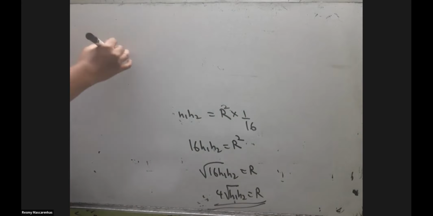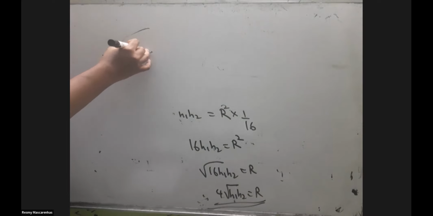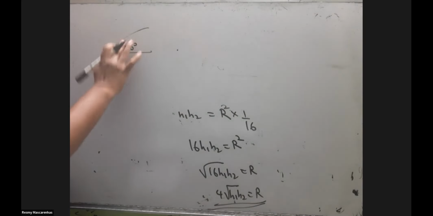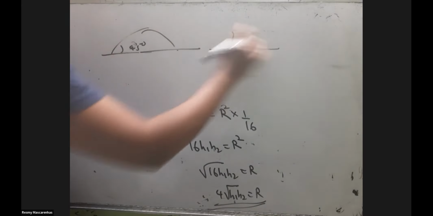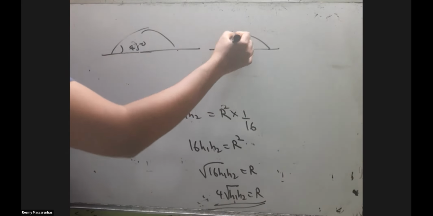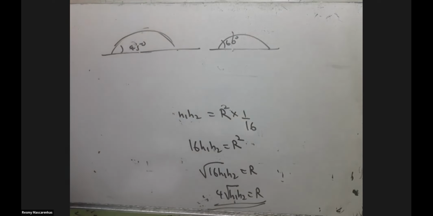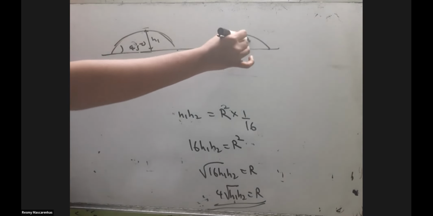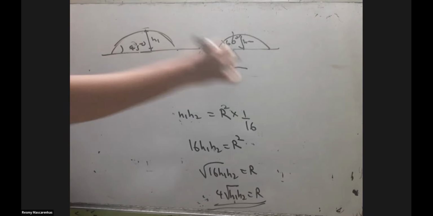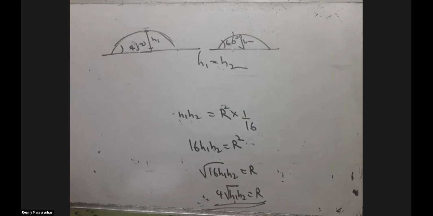If both, okay, one is thrown at 45, and the other one is thrown at 60 degrees. Both attain the same height. What is the ratio of their velocities?